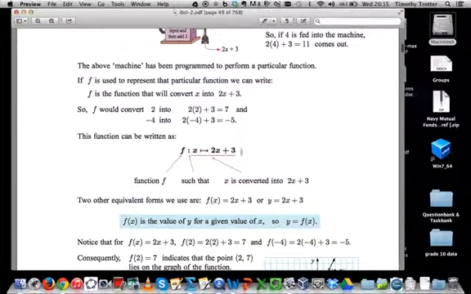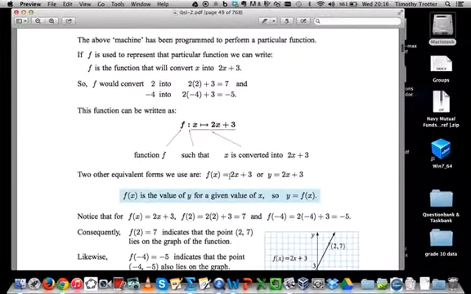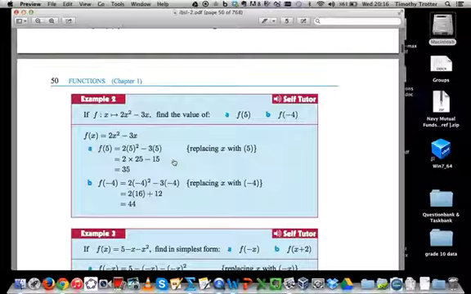This is a little bit more formal. You won't see this notation too often, but every once in a while you'll see it. And it just reads, we define a function f such that x is converted into 2x plus 3.